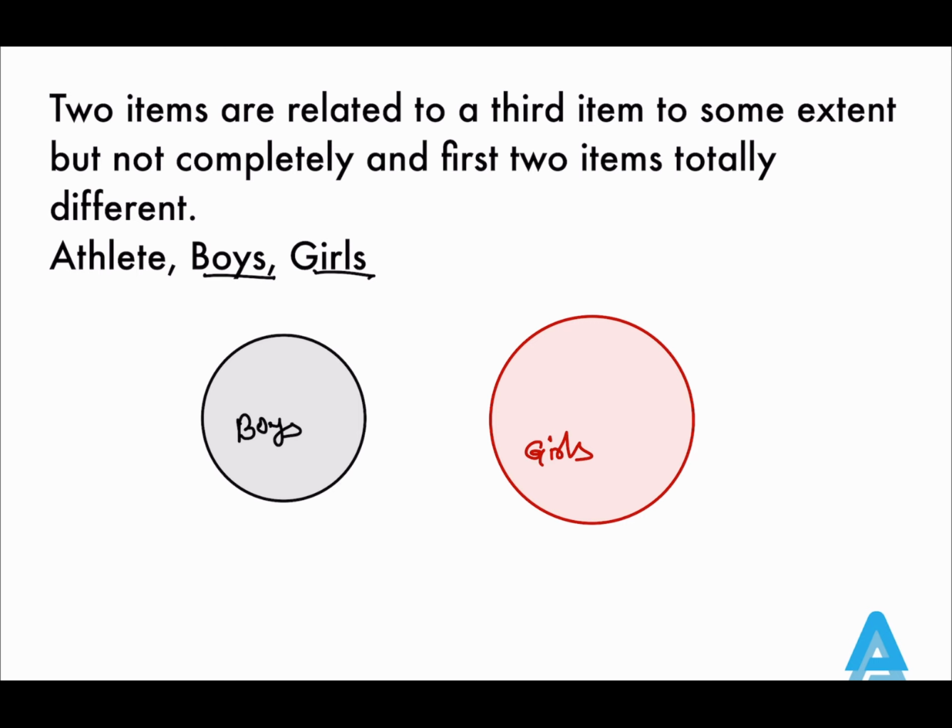Boys and girls are totally different, but you can say that some of the boys are athletes and some of the girls are also athletes. So this part here will show that some of the boys are athletes and some of the girls are also athletes.